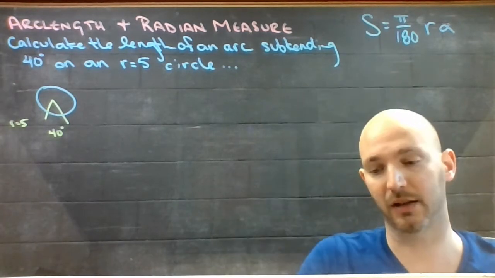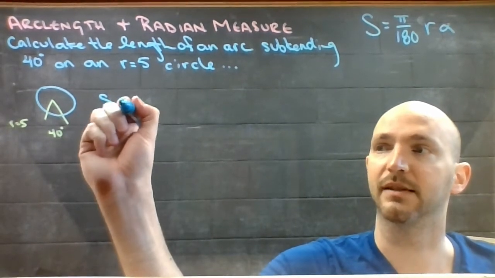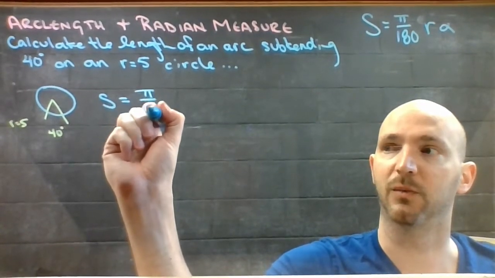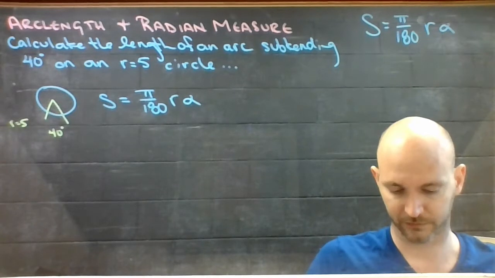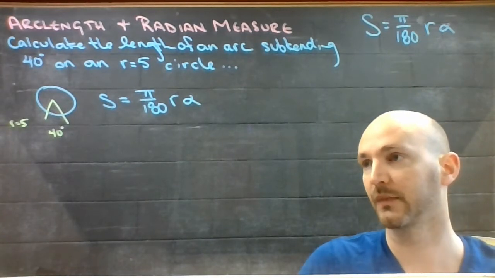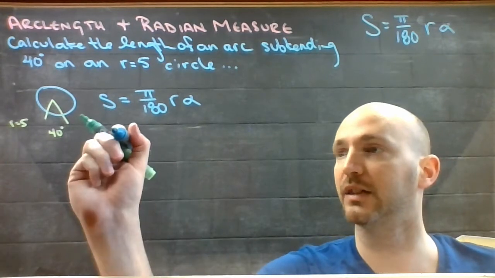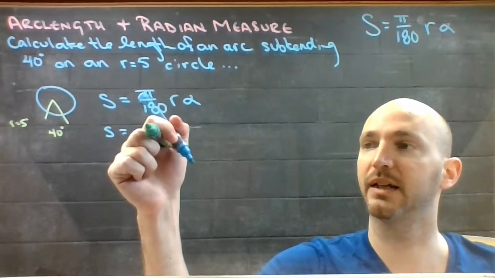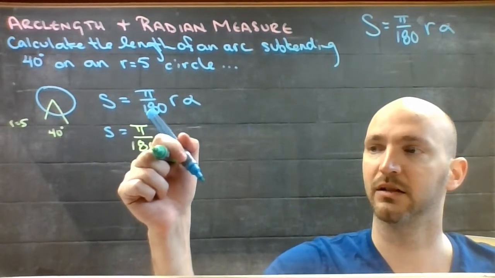So using the arc length formula then, S equals pi over 180 r alpha. I don't know what the arc is. That's what I'm trying to calculate. Pi is just pi. 180 is just 180.